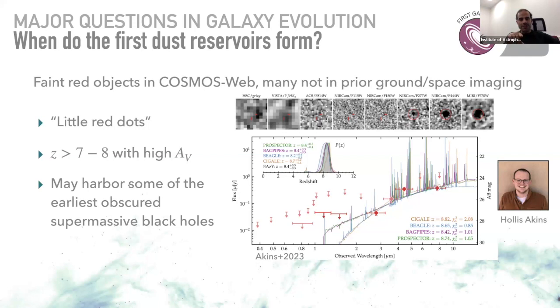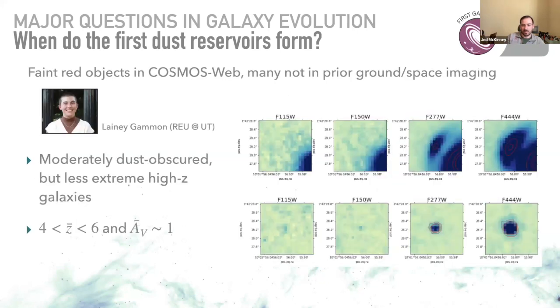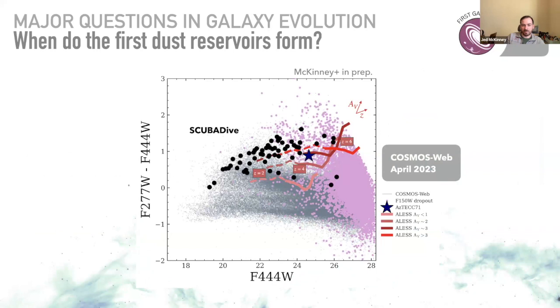Are any of these included in your ALMA follow-up? Or are they too high? Maybe serendipitously, but not specifically. Jorge Zavala led a program that was doing millimeter snapshots of things in the top right of this parameter space.